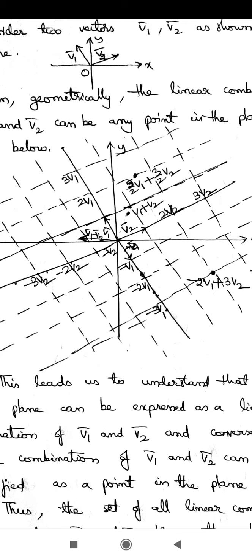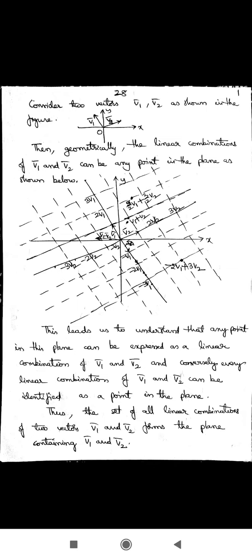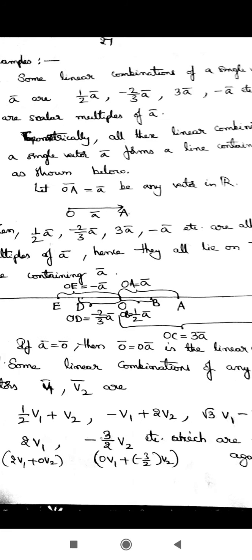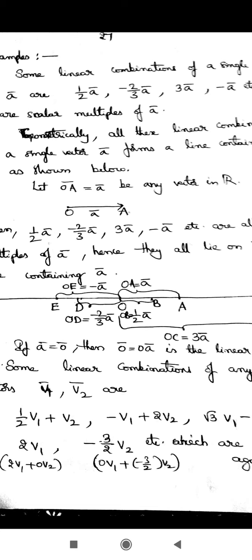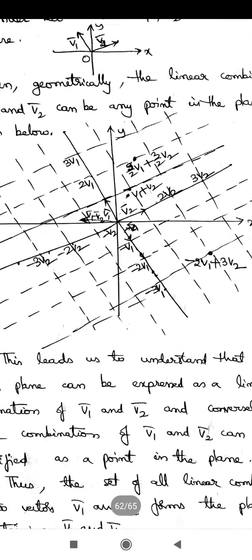If these two vectors are positioned like this, how can all the sums of scalar multiples of these two vectors, which I said are linear combinations of the vectors v1, v2, be represented in the xy plane? That we have to see now. So the first linear combination is 1 by 2 v1 plus v2.